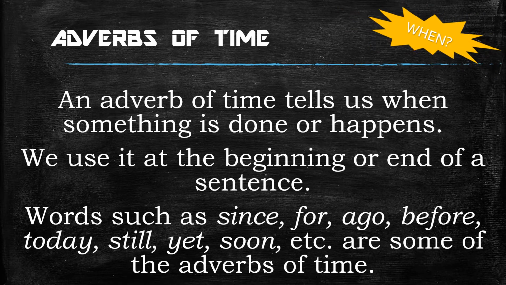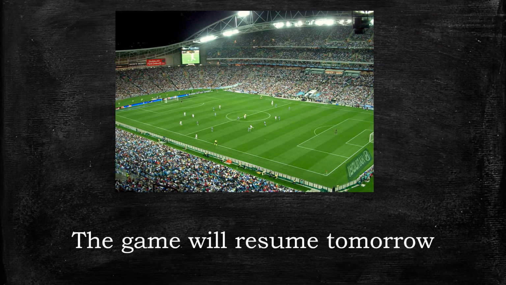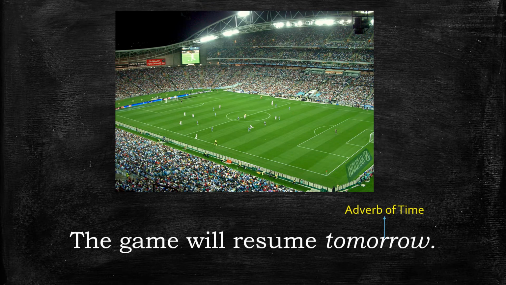Words such as since, for, ago, before, today, still, yet, soon, etc. are some of the adverbs of time. For example, the game will resume tomorrow. In this sentence, the adverb is tomorrow.